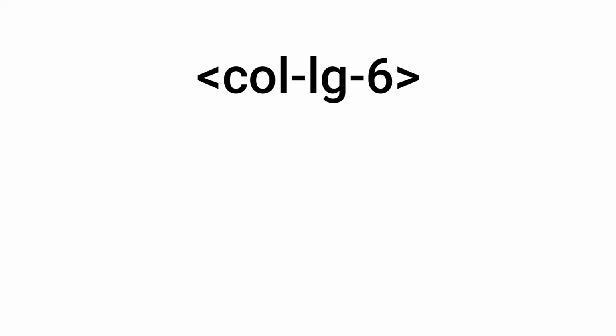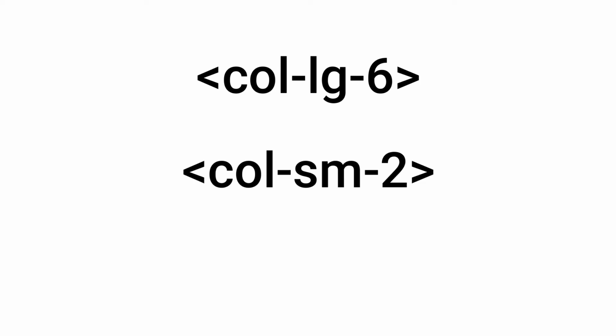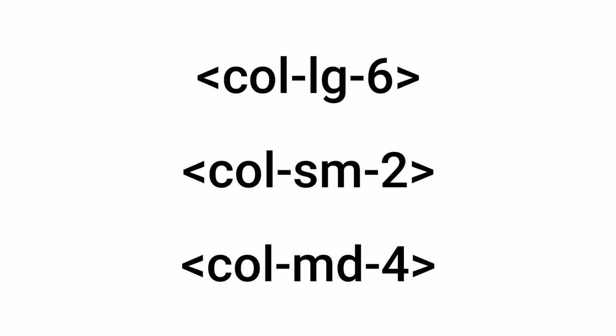Now I started off with column large because I started off with a desktop size, the largest portion, and it'll eventually go down in size as I readjust the browser. If I were to start off with a mobile size, mobile first, I'd start off with column small. Same thing as column medium. If I'm starting off with a medium size, I would use column medium.